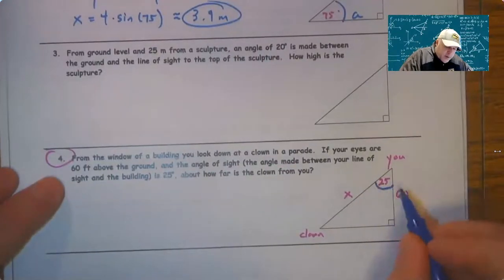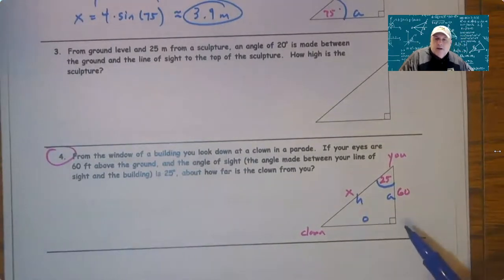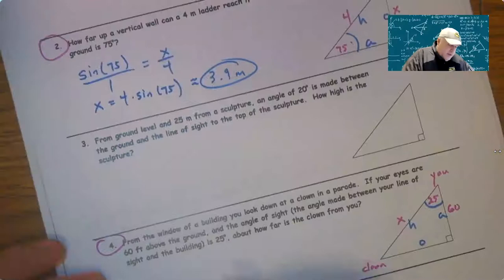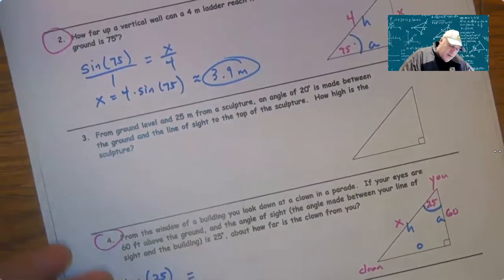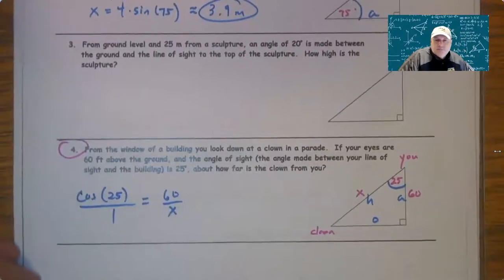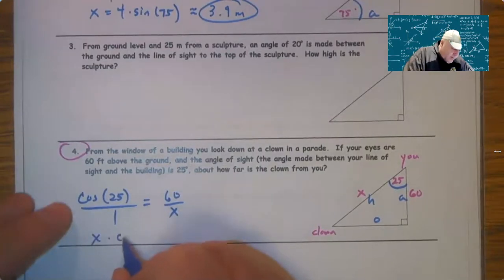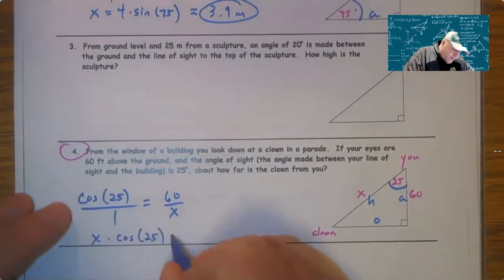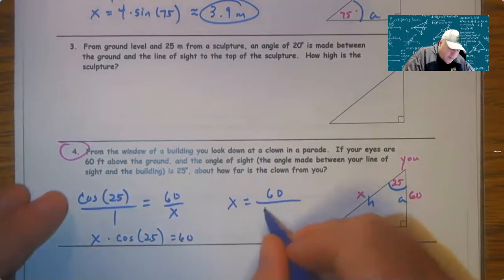Okay, here, adjacent, hypotenuse, opposite. This is going to be a cosine because it's the A and the H. So cosine of 25 equals 60 over X. Cross product, X times cosine of 25 equals 60. So X is 60 over cosine of 25.